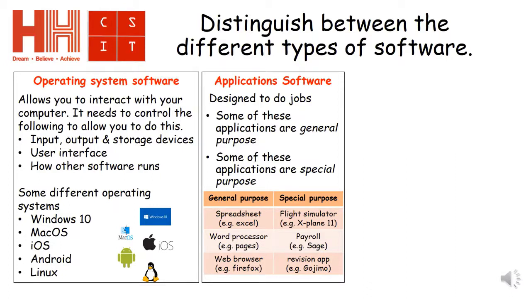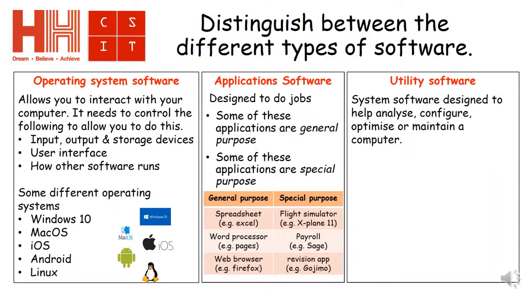Obviously, any of those can be used for different purposes. Whereas special purpose software is only really used for one specific purpose. So a flight simulator software for a particular plane would only teach you how to fly that one plane. Payroll software would only help you to pay your members of staff and do nothing else, etc.